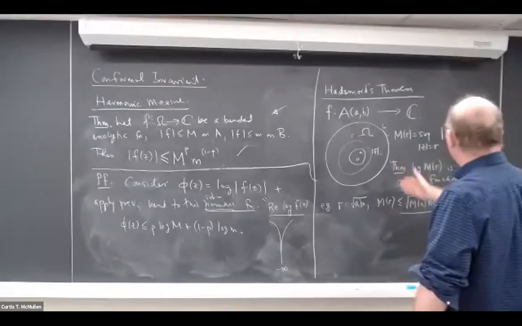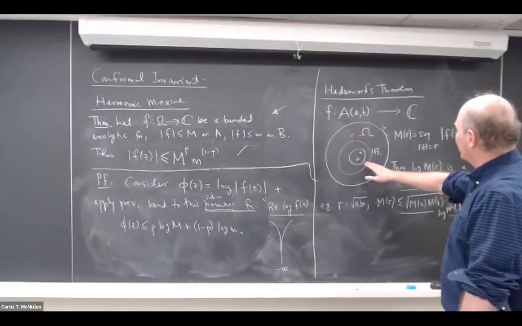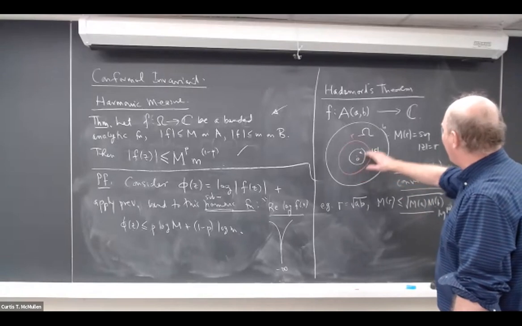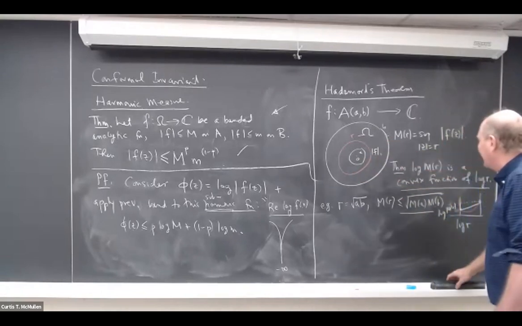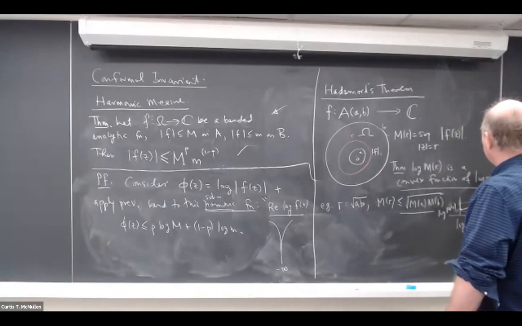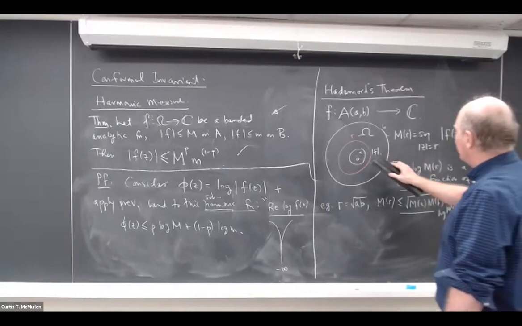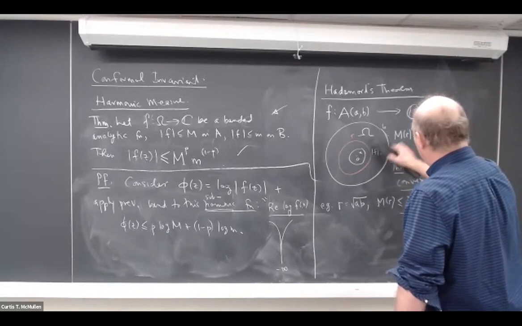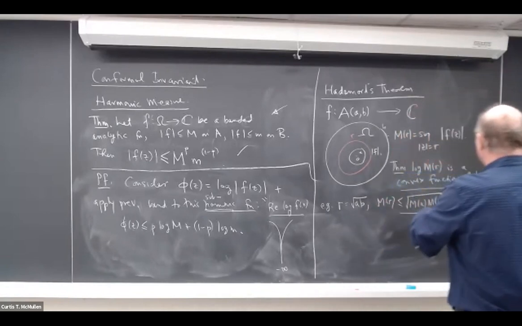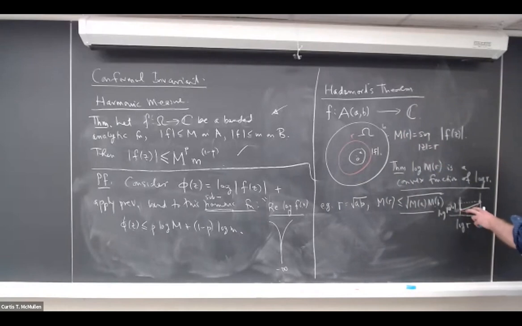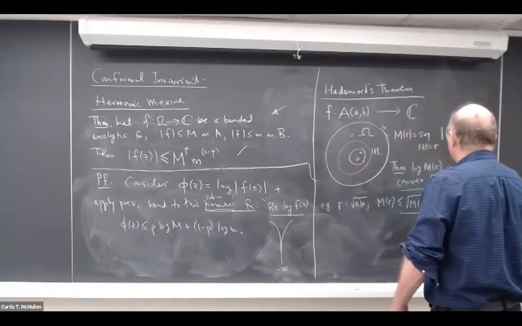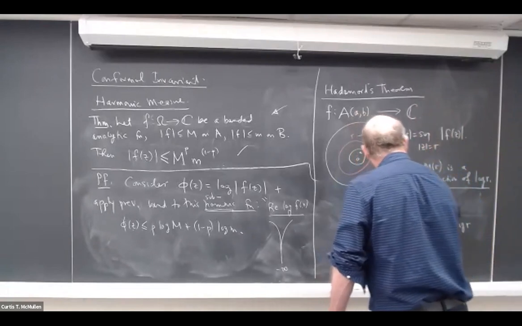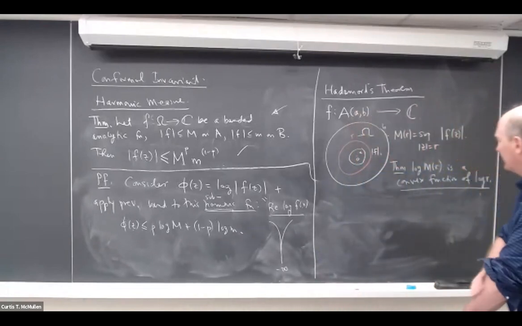The inner and outer boundary? Yeah, sure. That's where we have control. We're going to suppose we know what the value is on A and on B, and then we're going to try to control f in between. Of course, what we wanted will show convexity between these two points. Convexity in general needs an arbitrary two points, but if we establish convexity for A and B, then the convexity will follow in general.